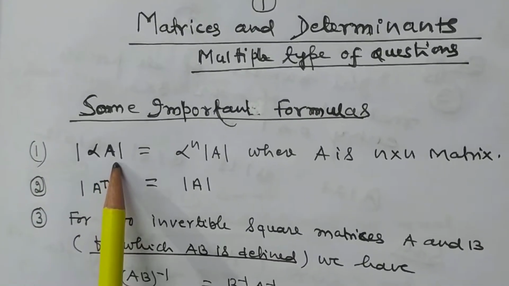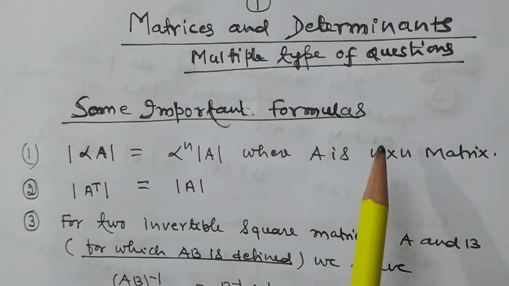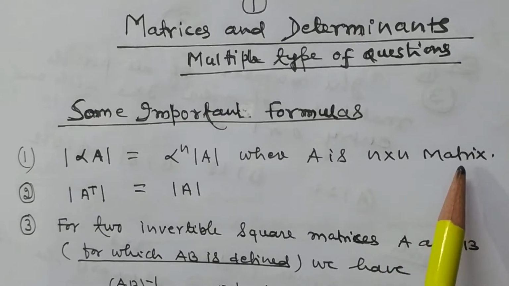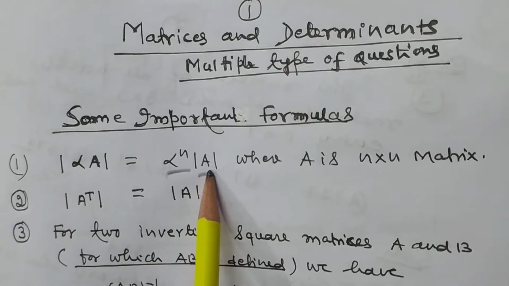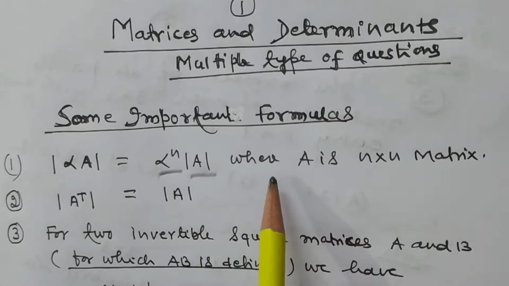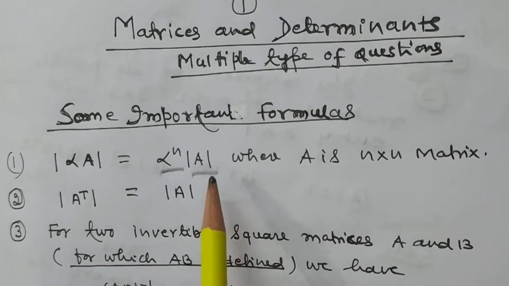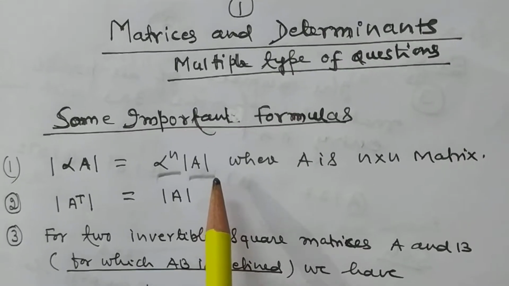Mod of alpha A, where A is a matrix of n by n order, will be alpha to the power n into determinant A. My dear student, this formula is very important.